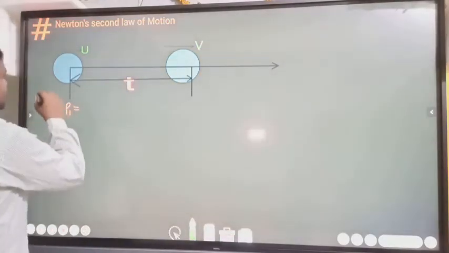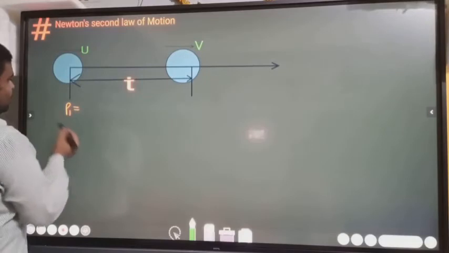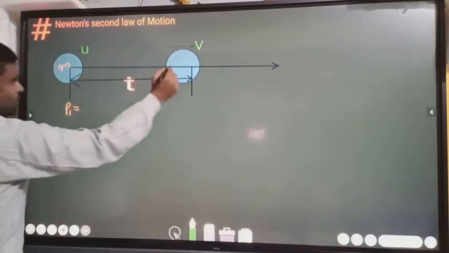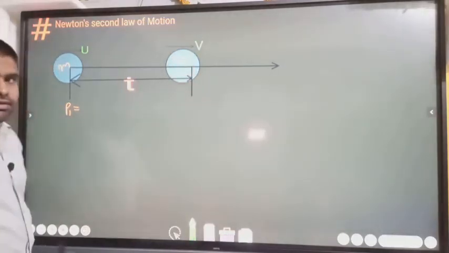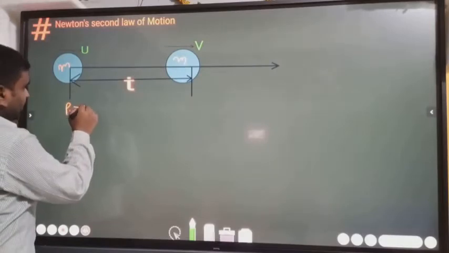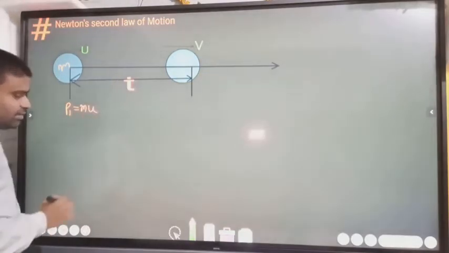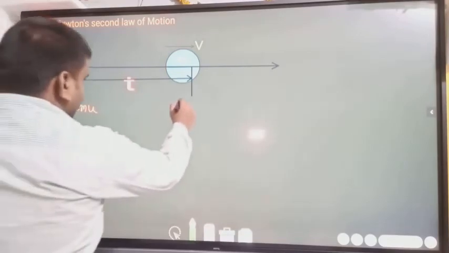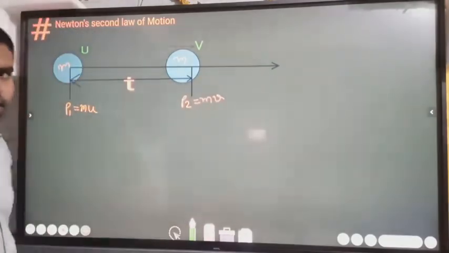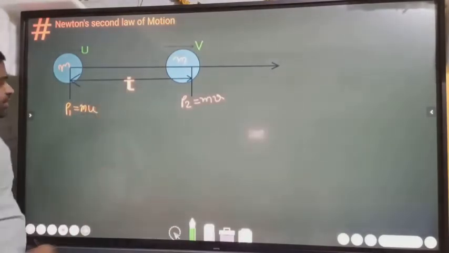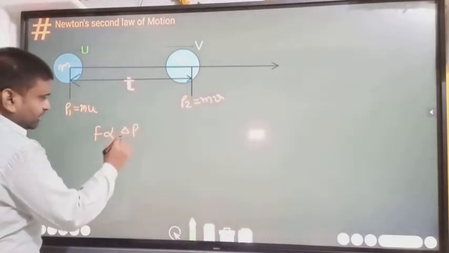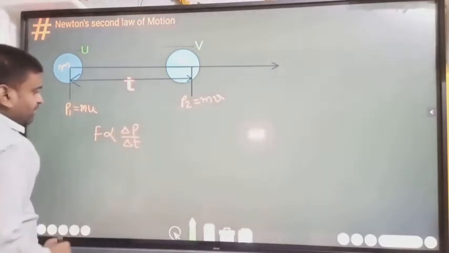If the mass of this body is m, then you can write the momentum of this body at this position as mu. Similarly, you can write P2, the momentum of this body at this position, as mv. Time taken is t. Then you can write force is proportional to the change of momentum with respect to time.